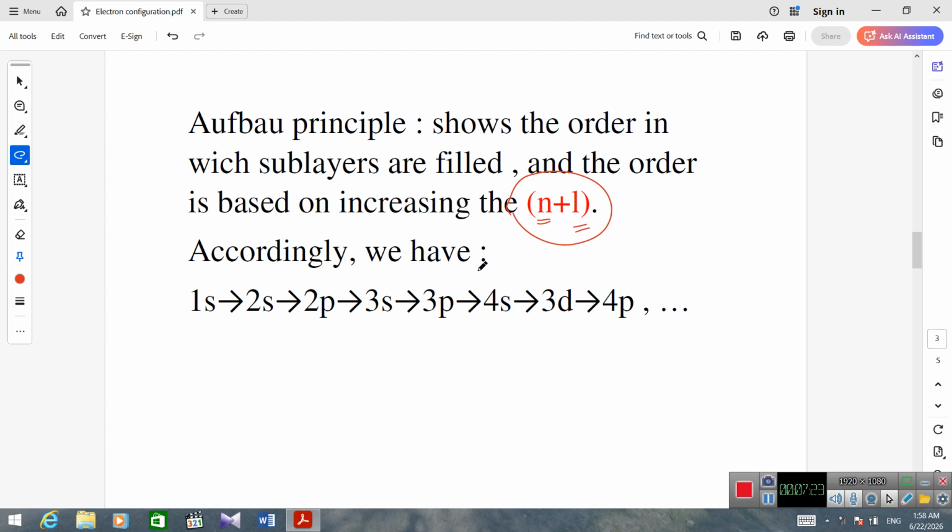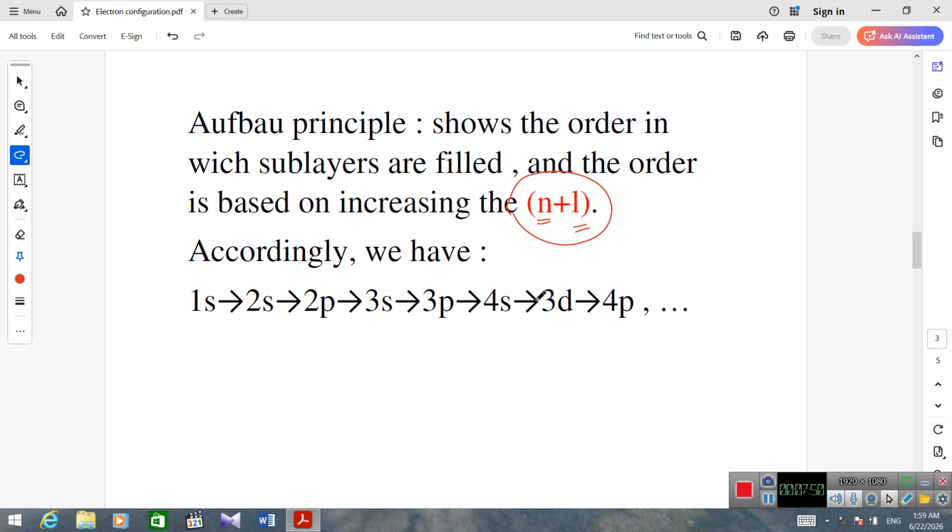Accordingly, we must have 1s, 2s, 2p, 3s, 3p, 4s, 3d, 4p, and as you know, 5s and 4d, 5p, again 6s, 4f, 5d, 6p, and so on.